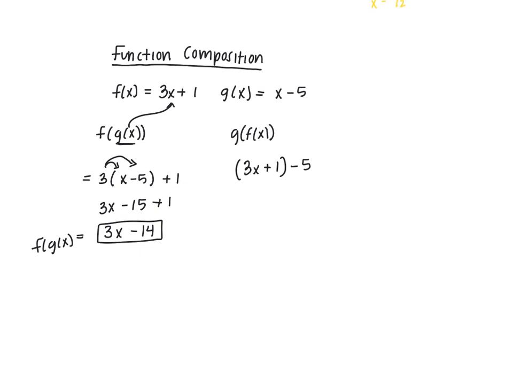And then we can't forget the minus 5. Here we just want to simplify. We don't have anything to distribute. We can just go right ahead and add like terms. That's going to give us 3x minus 4. So 3x minus 4 is equal to g of f of x. And that's what it looks like to compose functions.